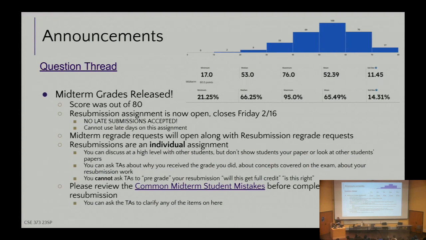And so if the median is a 66% before the resubmission, and frankly, all of you seem to do very, very well on the resubmission because you can talk to each other, and you can talk to TAs, and you can go on the internet, and you can sit in the comfort of your own home and assess your choices. You tend to do very well on the resubmission, and so when we average the 2 together, I'm guessing that our overall median is going to end somewhere in the 80s.